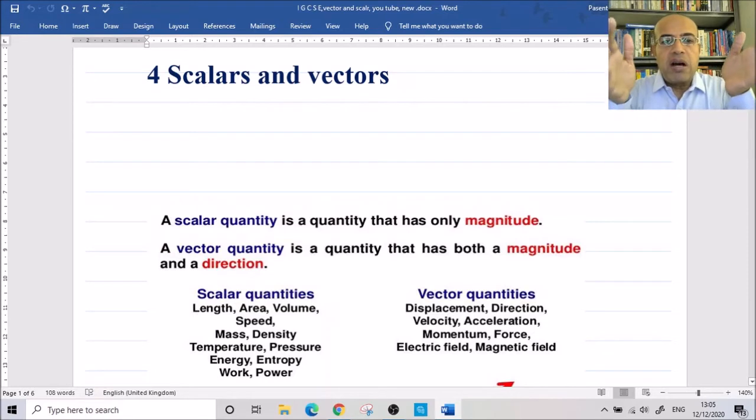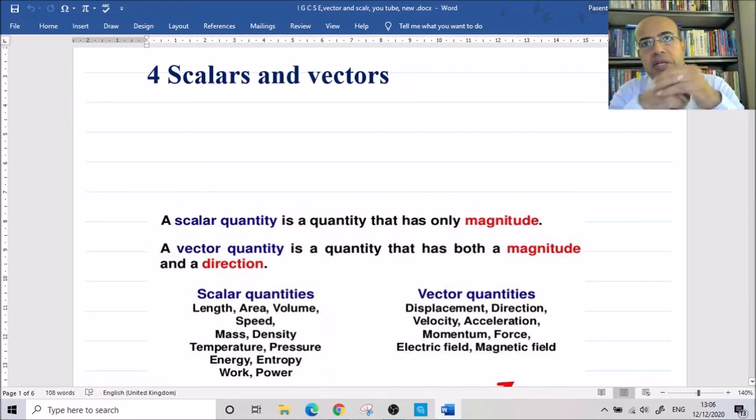All of those are scalar quantities, defined by just one number called magnitude. Examples of vector quantities are displacement, velocity, acceleration, force, and weight also.